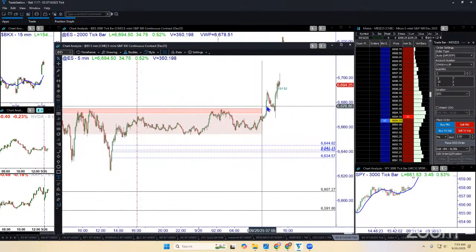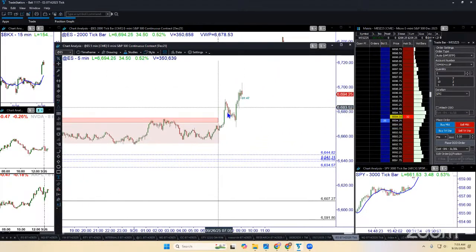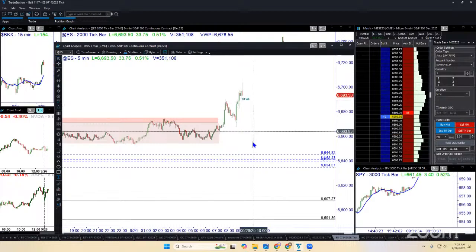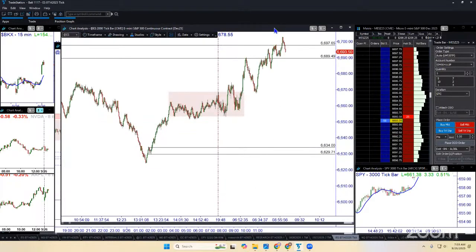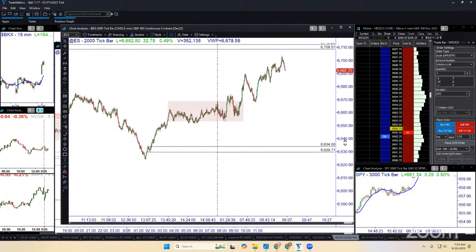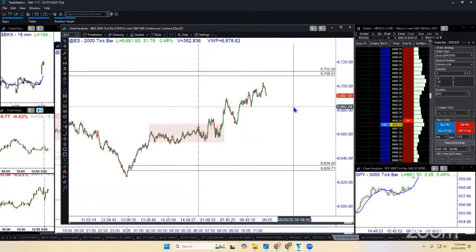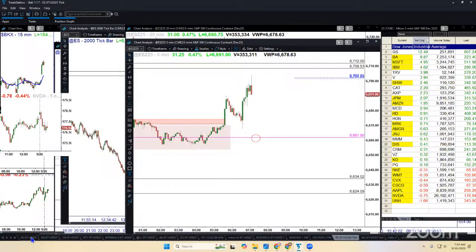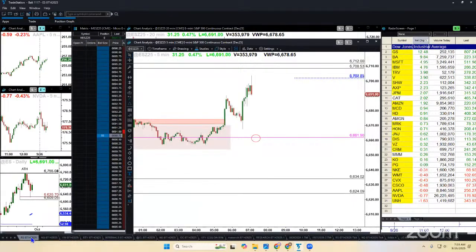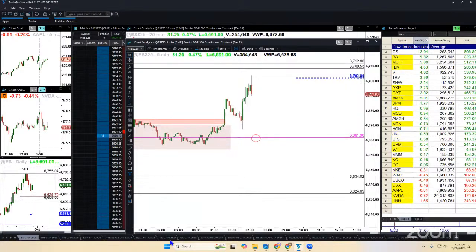Wait for a setup here. We have a direction, but now I need to apply the trade for that direction. And all we're in is our little nat gas.